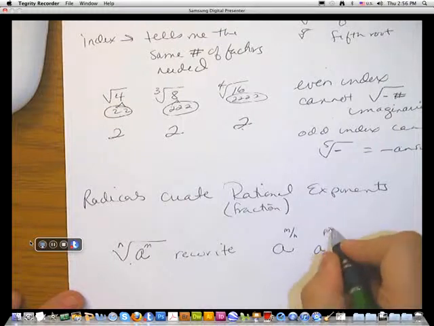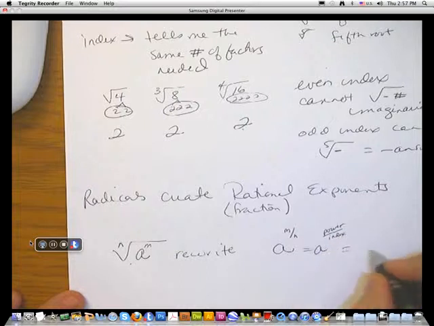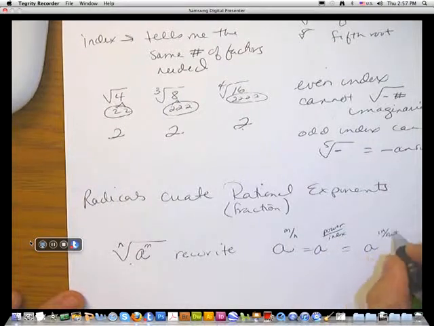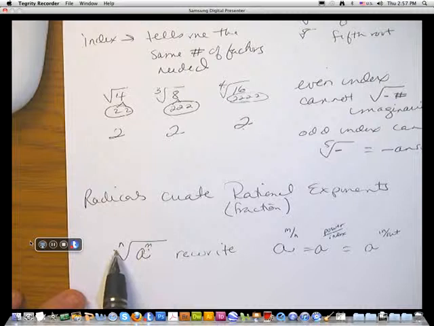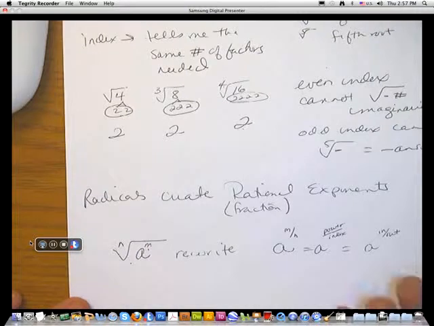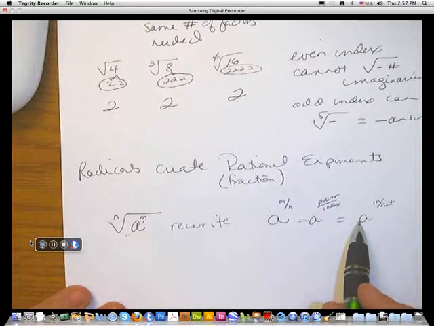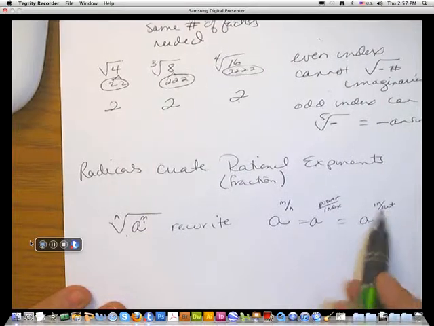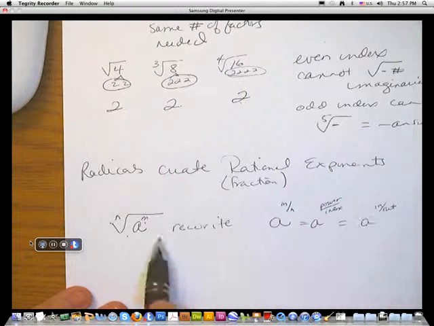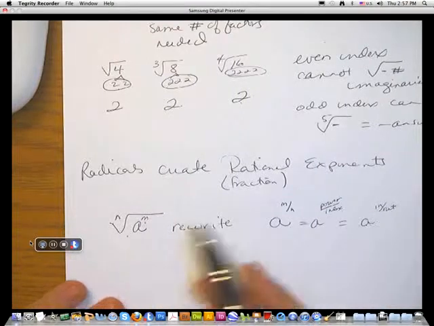So you'll hear me say power over index. You'll also hear me say in over out, the inside over the outside. This also means I can rewrite the other way. If I have something with a base and a fractional exponent, I can rewrite it in radical notation.